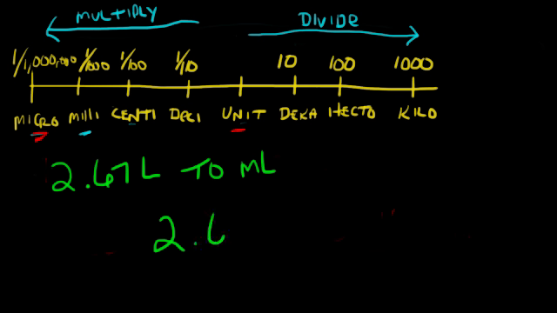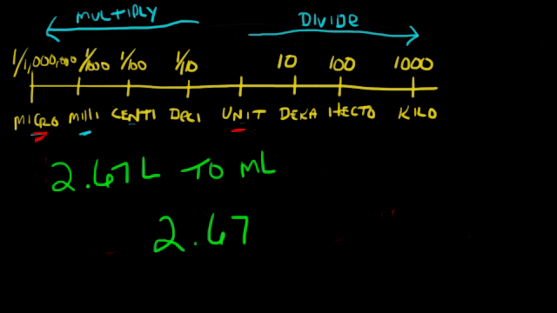So if we want to write our 2.67, going from liters to milliliters, we're going to multiply. Milliliters is a thousandth of a liter. So we're going to move our decimal point 3 places, because there's 3 zeros in 1,000.